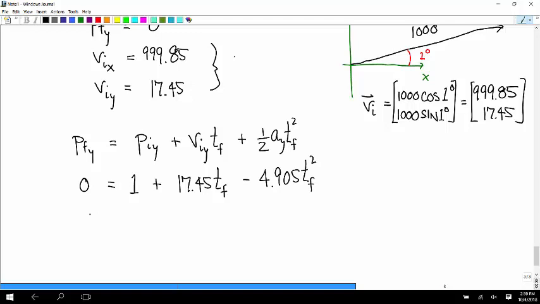And I'm going to rewrite this as a hint of how to solve this. So negative 4.905 tf squared plus 17.45 tf plus 1. Yep, how do you solve this?